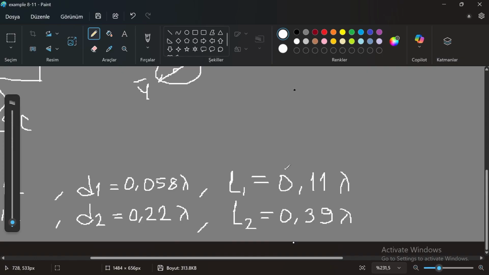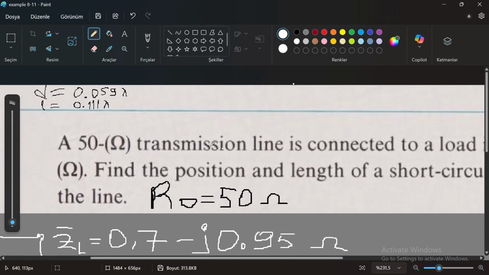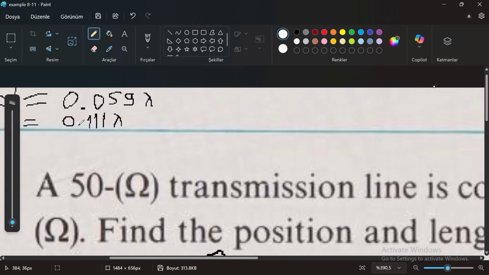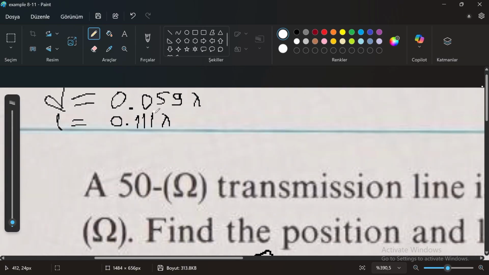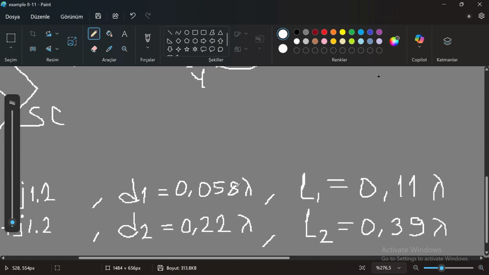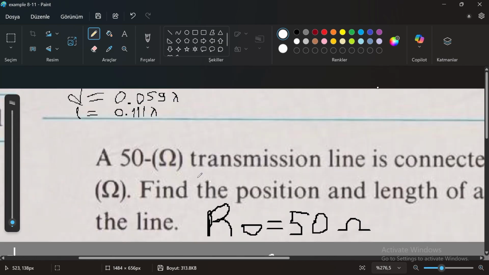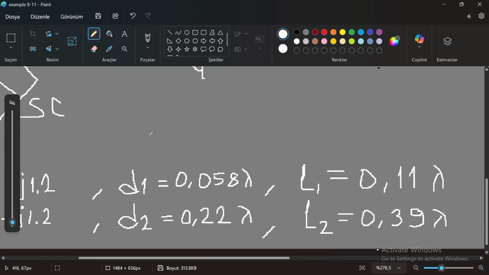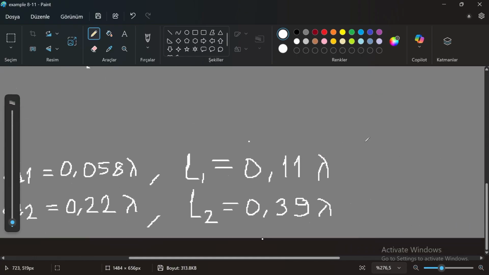Okay, so let's also check the answers here: 0.11, 0.05, 0.058. Before, I had taken these notes, and these are the answers we have found.